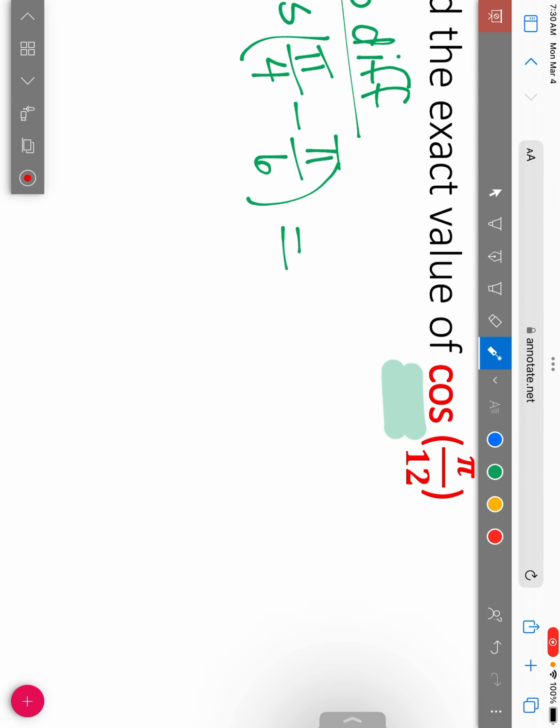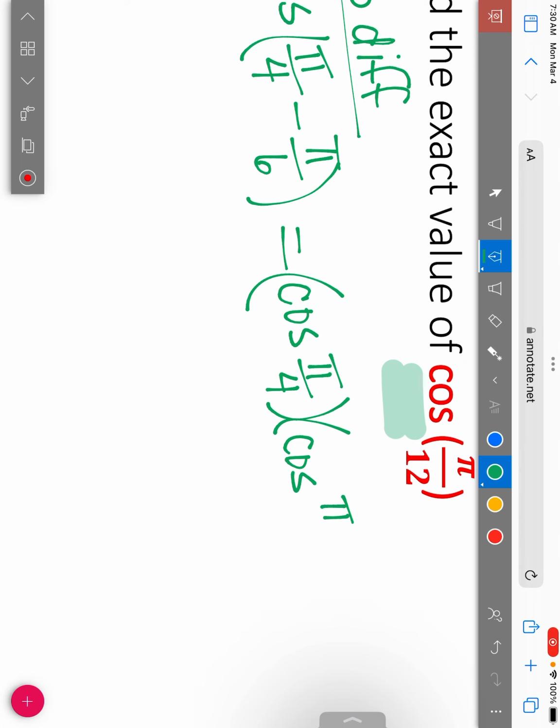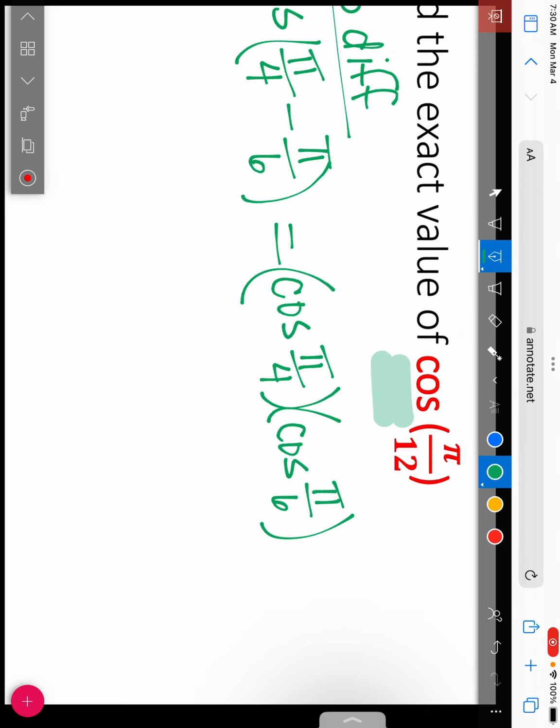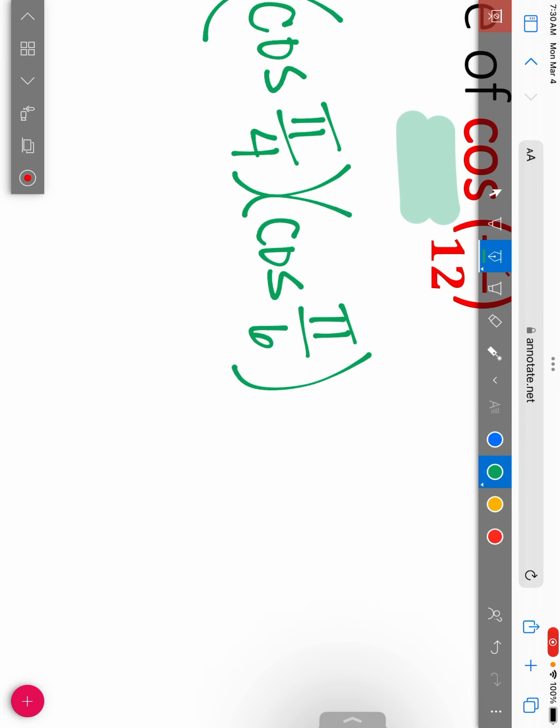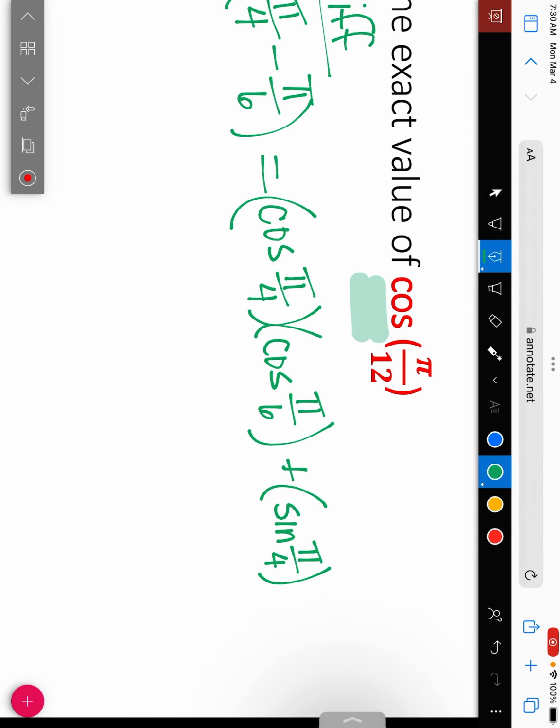So we got cosine of pi over 4 times the cosine of pi over 6 plus the sine of pi over 4 times the sine of pi over 6.